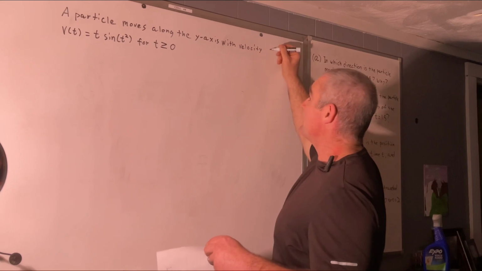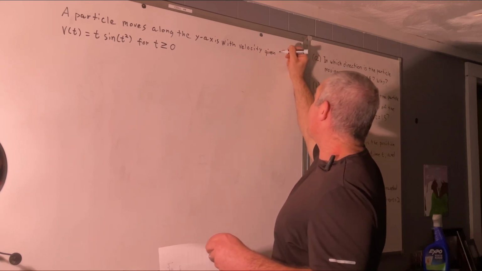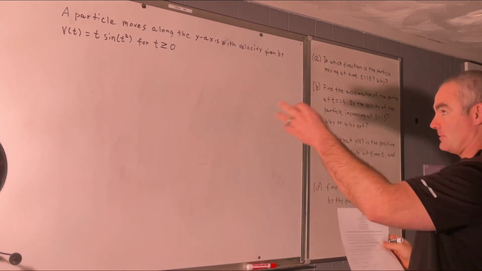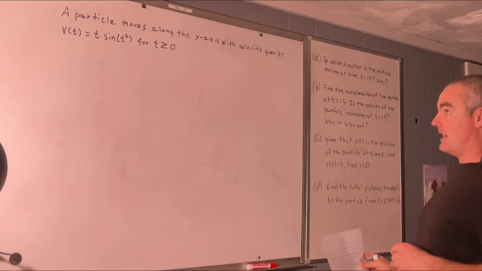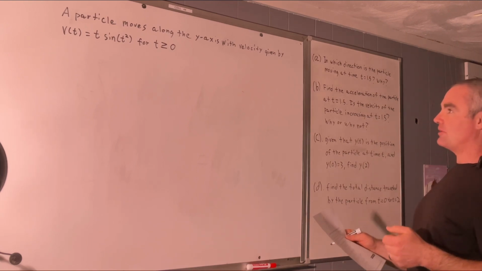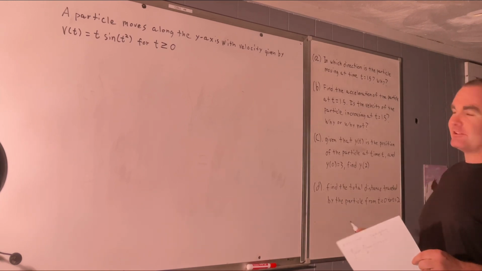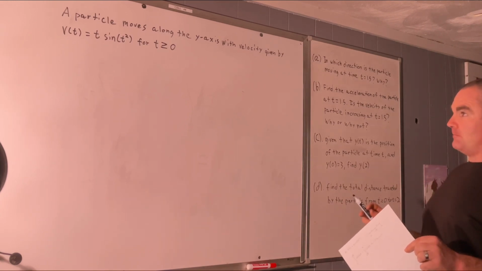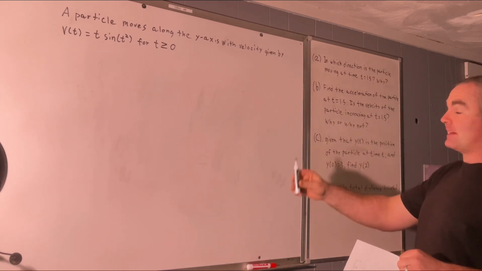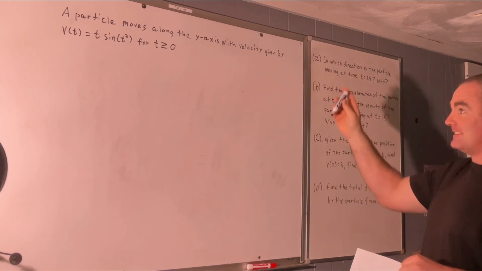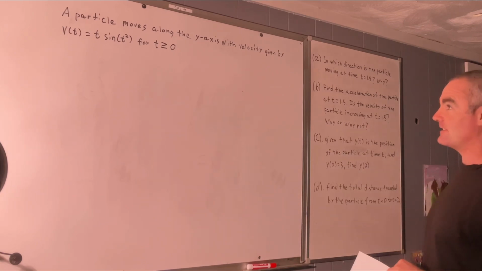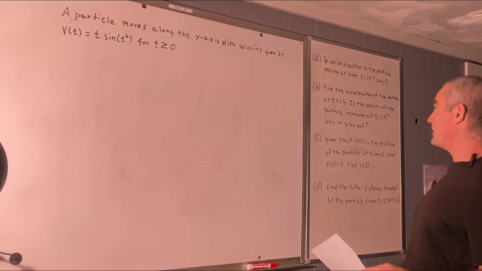Velocity given by v of t, and velocity in terms of time is equal to t times sine of t squared for t greater than or equal to 0. In which direction? How do we know what direction it's moving? Well, if the velocity is positive, this thing is going up. If the velocity is negative, this thing is going down. And luckily, they already gave us the velocity function. So this is the simplest one of the questions.